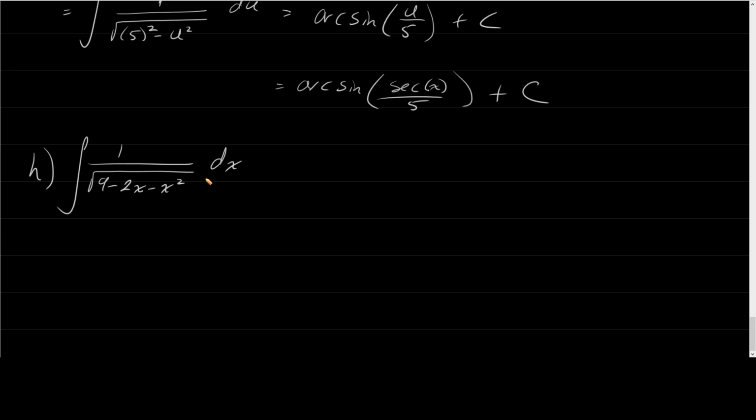So the very first thing that I'm going to do here is complete the square. So what I have here is really just, let's rewrite this as negative x squared minus 2x plus 9. Now completing the square here takes an extra step, because we've got that negative there.